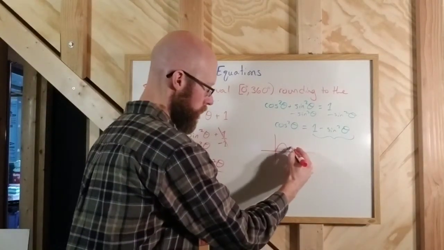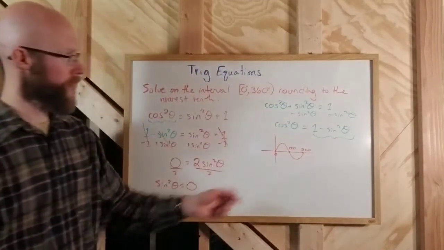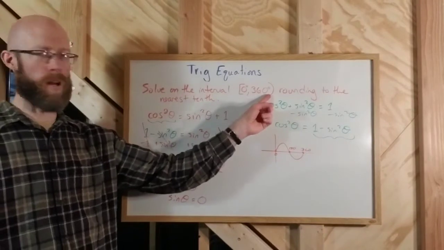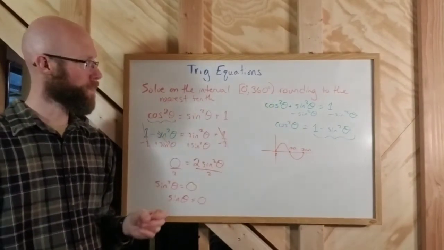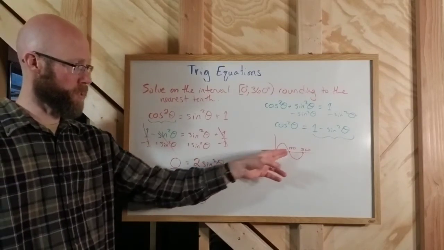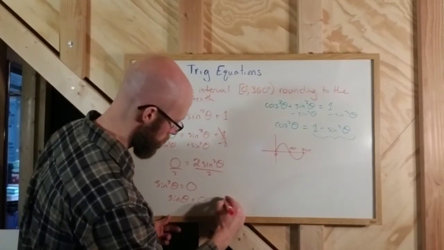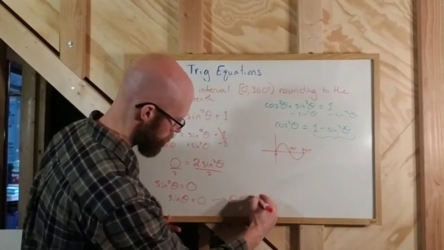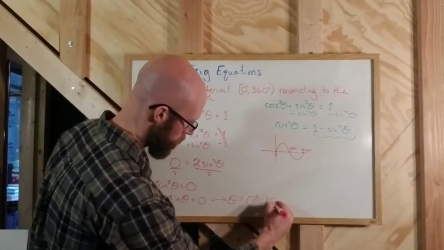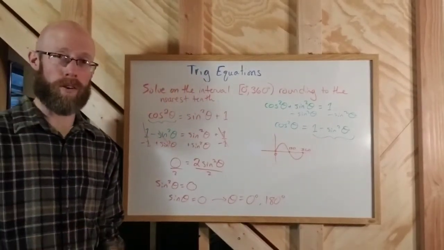I actually want 180 and 360. Now we're not actually going to hit 360 because I don't want it in the interval. So we're just going to focus on 0 and 180 as the two answers then. So theta equals 0 degrees and 180 degrees. All right. I didn't have to go to my calculator on that one.